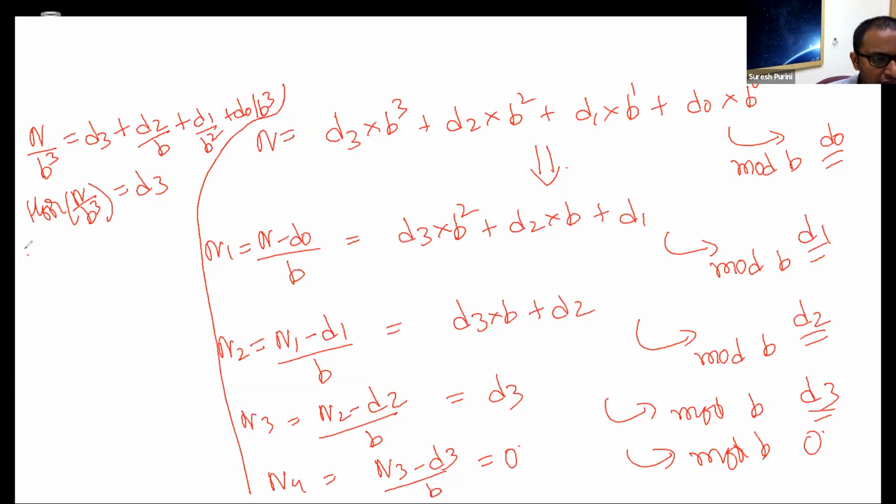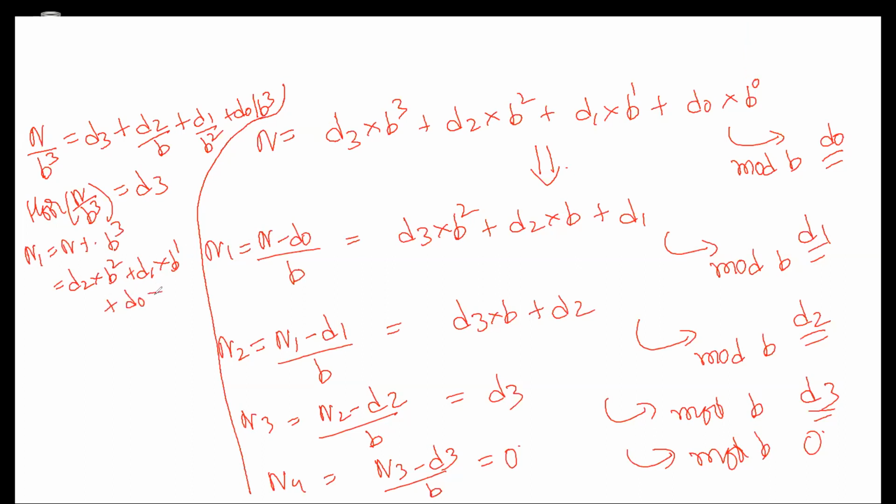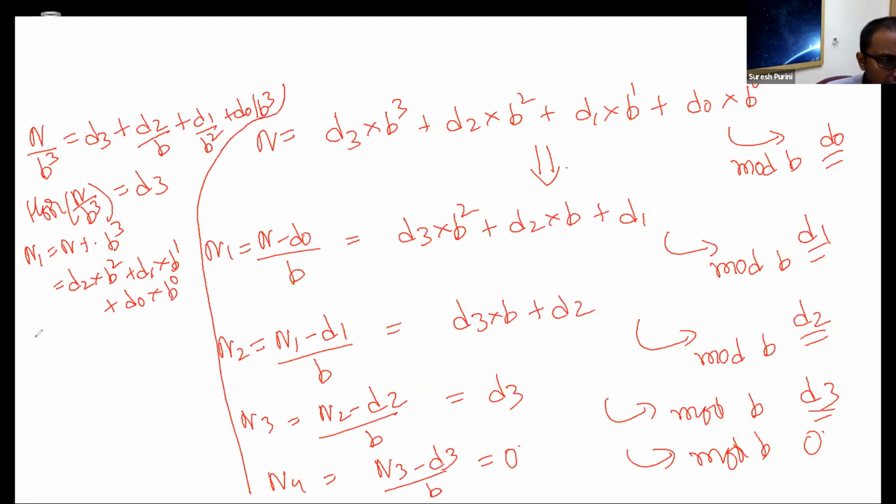The leftover number is d2 b square plus d1 into b power 1 plus d0 into b power 0, and then again you are taking floor of n1 by b square, and so that gives you d3 d2 hopefully.